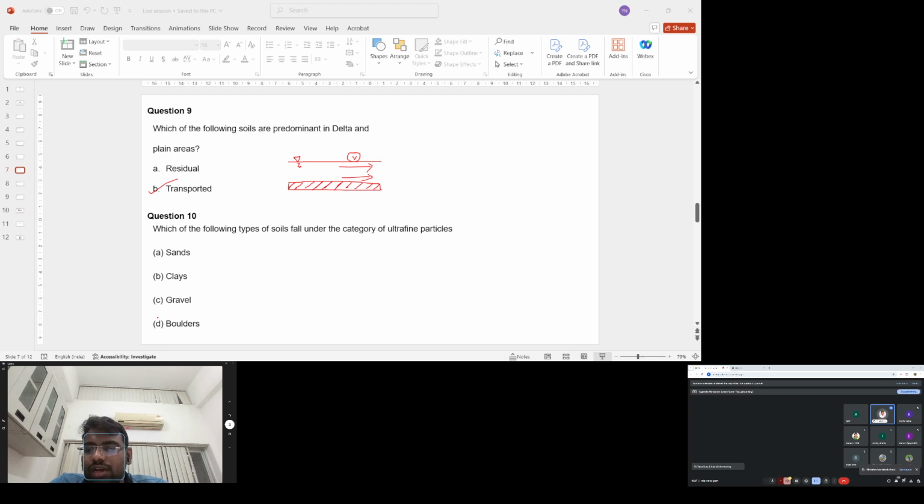Right now, this is sufficient. As we go deeper, we will understand the difference between clays and clay size. Ultrafine particles are clay size.